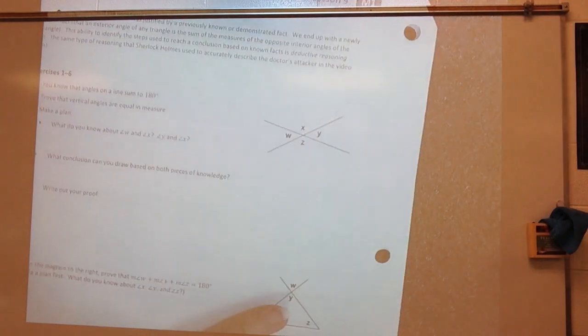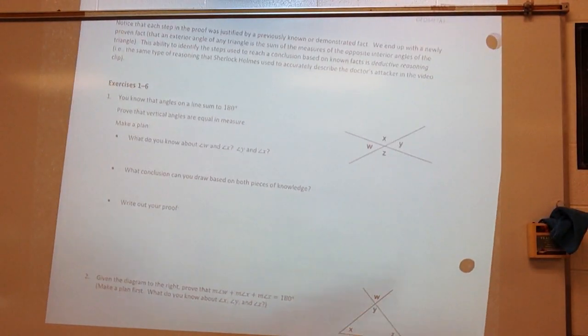Notice that each step in the proof was justified by a previously known or demonstrated fact. We end up with a newly proven fact that an exterior angle of any triangle is the sum of the measures of the opposite interior angles of the triangle.